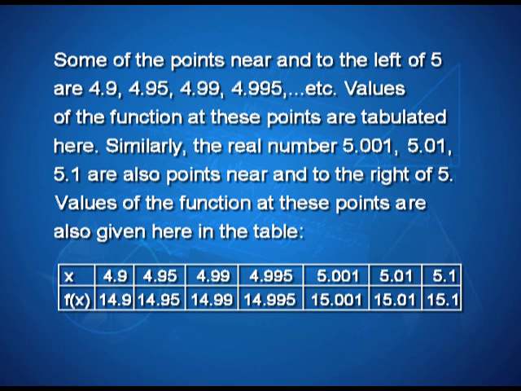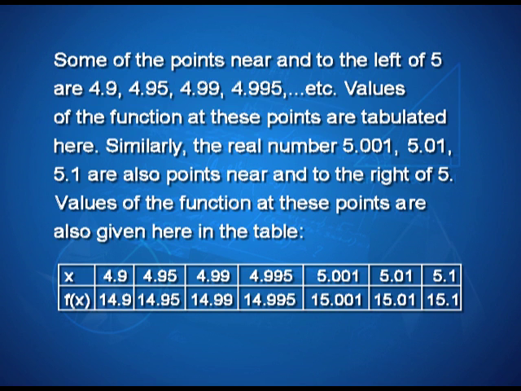Values of the function at these points are tabulated here. Similarly, the real numbers 5.001, 5.01, 5.1 are also points near and to the right of 5. Values of the function at these points are also given here in the table.